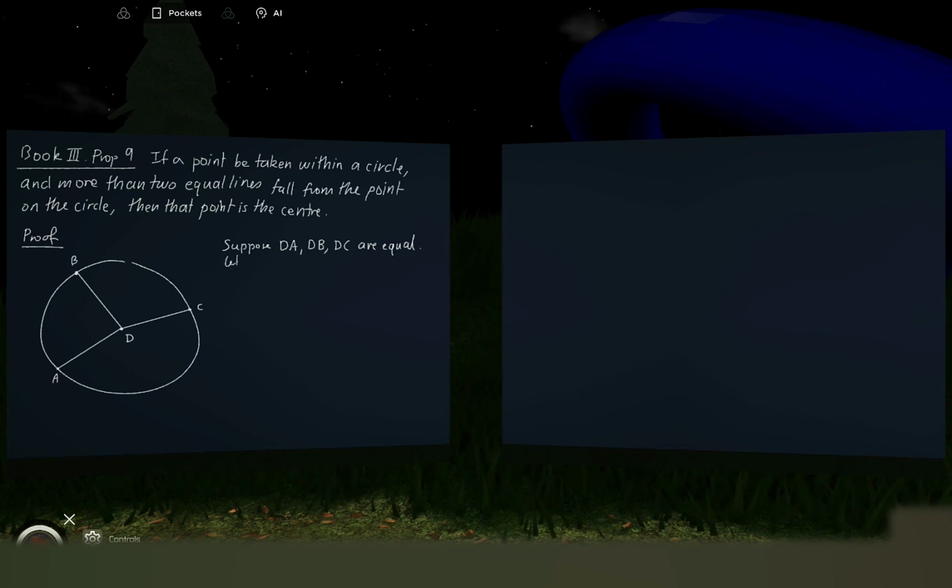Okay, well, let AB and BC be joined and drawn through, and bisected at E and F. I won't cite the proposition, we've done this enough times.